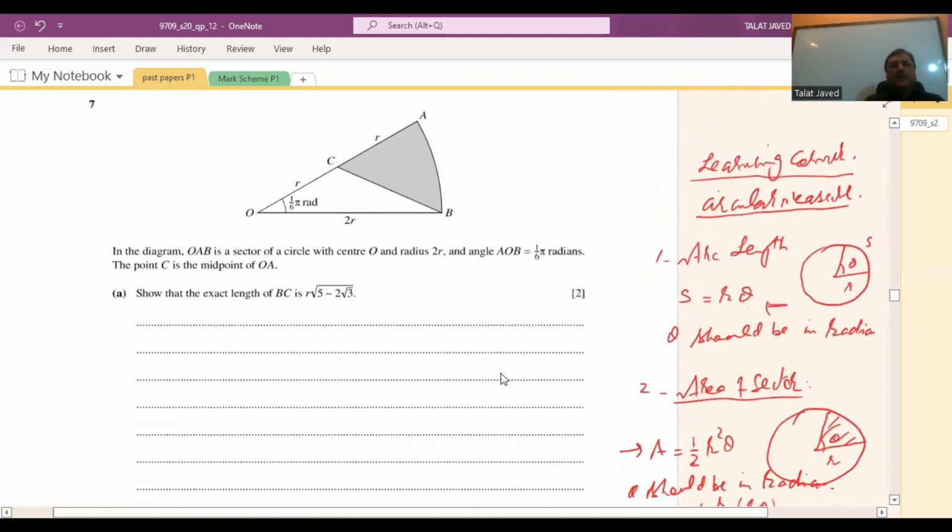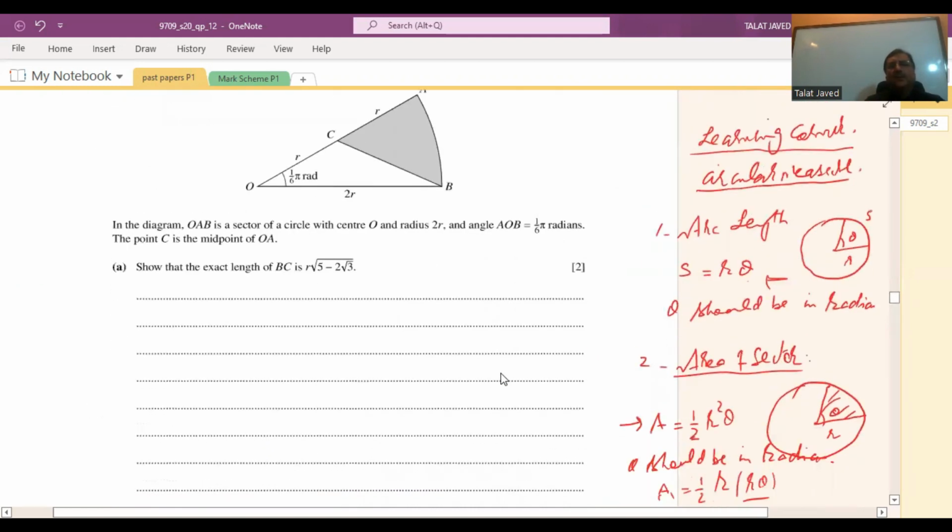So we will do this from here, part 1. Show that the exact length of BC. You can see the angle is given, this side is given as r and this side is given as 2r, and we have to find this side, BC. The angle is also given, so we can use the cosine rule.